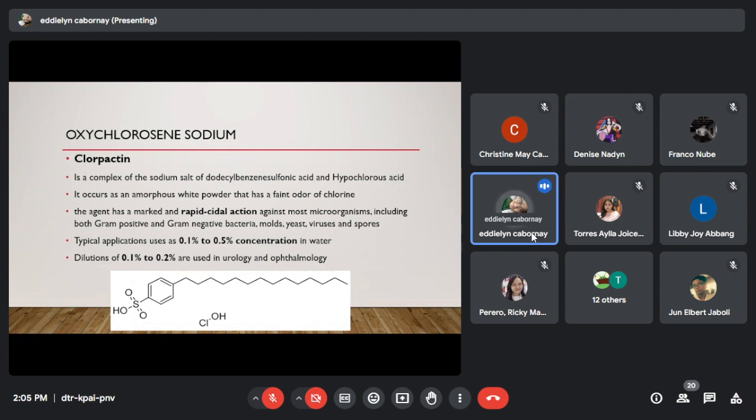So the agent has a marked and rapid cidal action against most microorganisms, including both gram-positive and gram-negative bacteria, molds, yeast, viruses, and spores. So typical application uses are 0.1% to 0.5% concentrations in water. And dilutions of 0.1 to 0.2% are used in urology and ophthalmology.